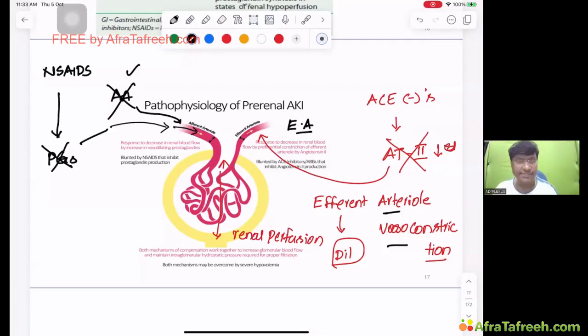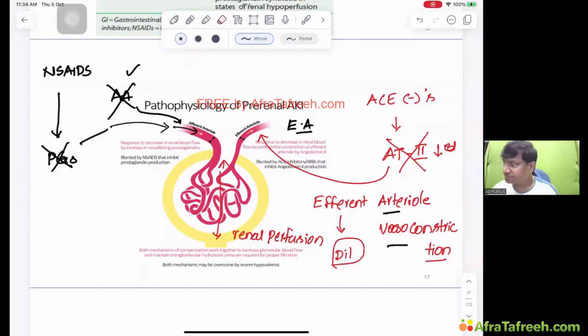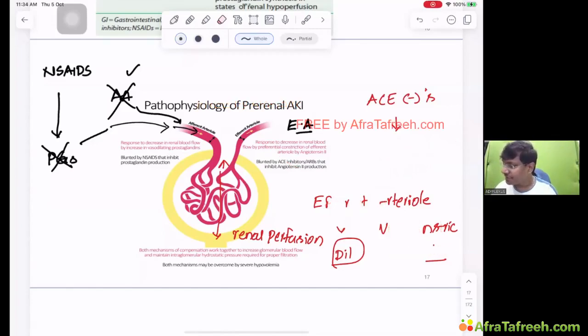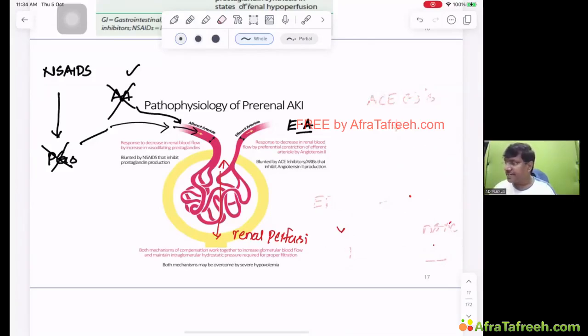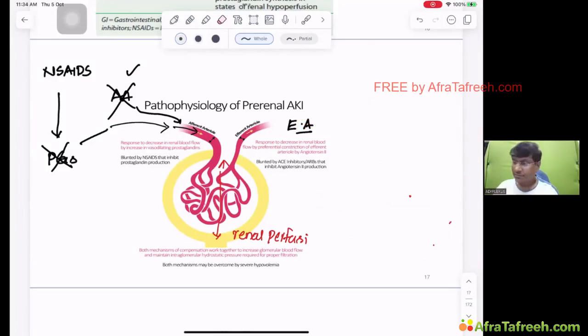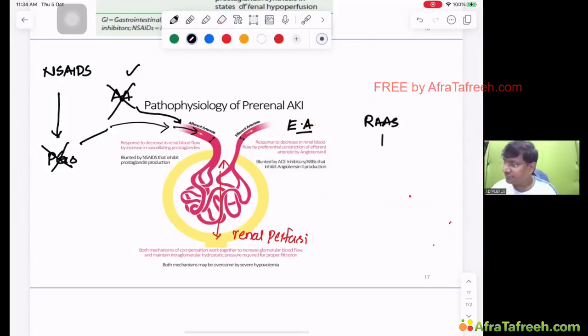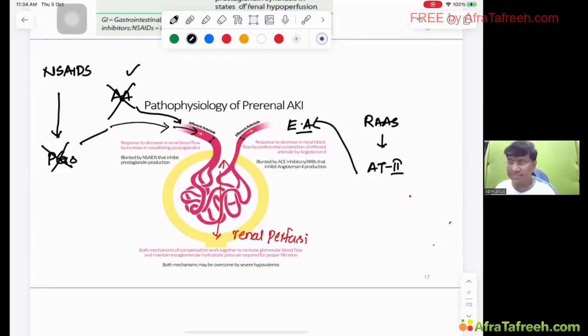Okay, that is your NSAIDs. Coming to the ACE inhibitors. How will ACE inhibitors contribute to the pre-renal type of acute renal failure? Let me tell you. You have physiological activation of RAS, and that RAS which is activated will form angiotensin 2. This angiotensin 2 will cause efferent arteriolar vasoconstriction.